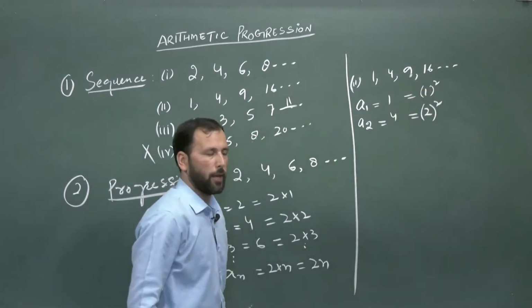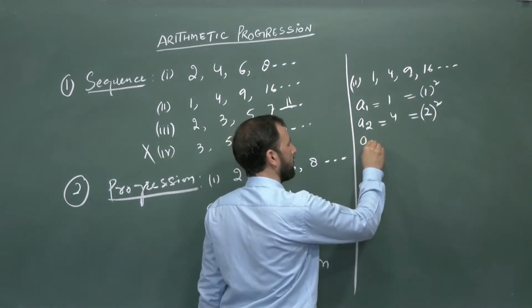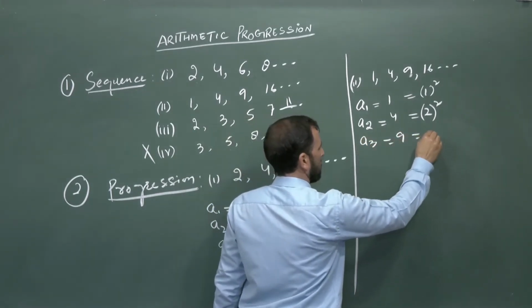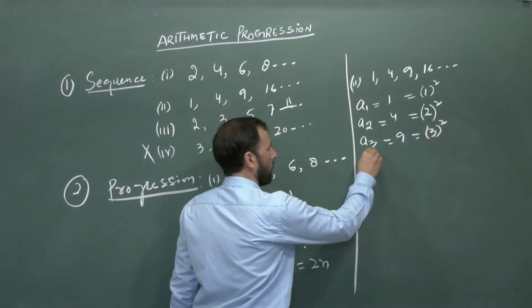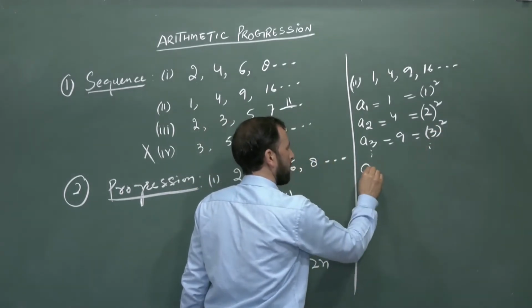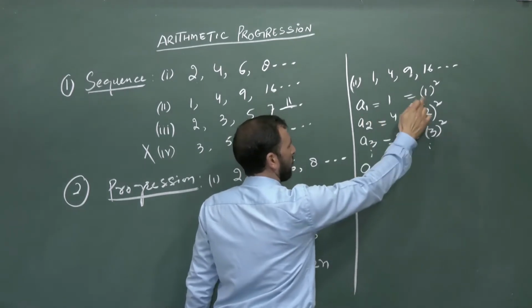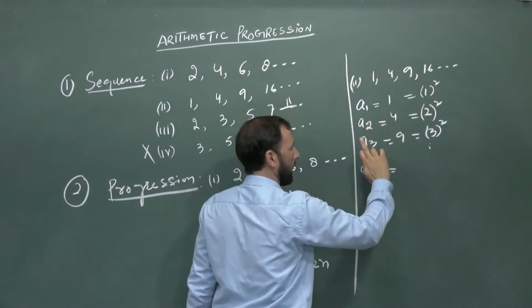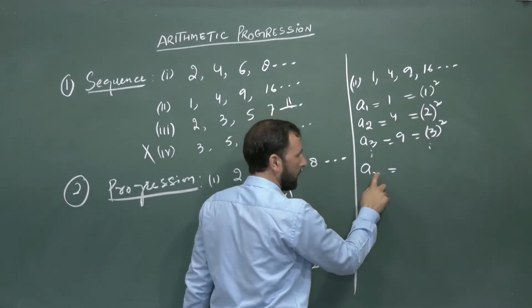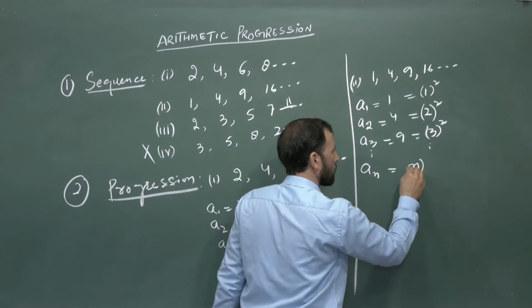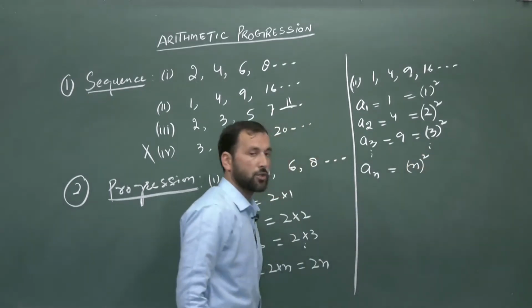Then A3 is 9, which can be written as 3 square. So in this way we can find its nth term. A1 is 1 square, A2 is 2 square, A3 is 3 square. We get a pattern here, and in general an is equal to n square, where n is a natural number.